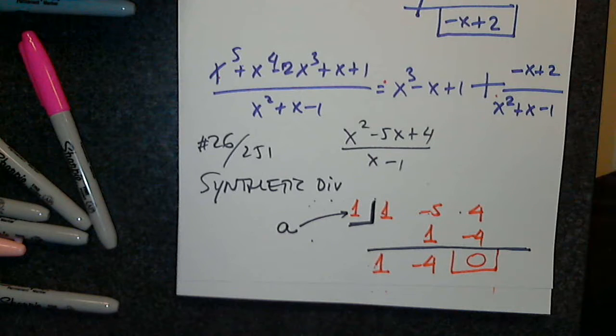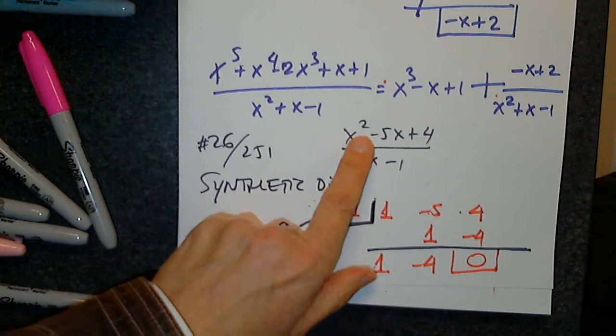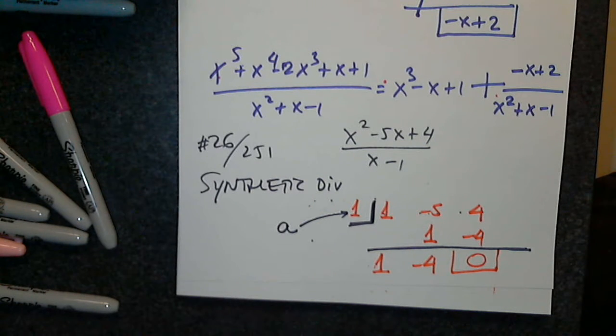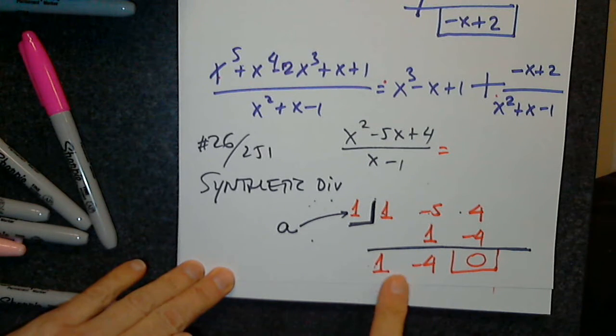When I divide, what degree is this? What is the degree of the polynomial? 2. When I divide degree 2 by what degree I have in the denominator? 1. What is the degree of the answer? Always 1. Degree 2 over degree 1, so this has to have degree 1.